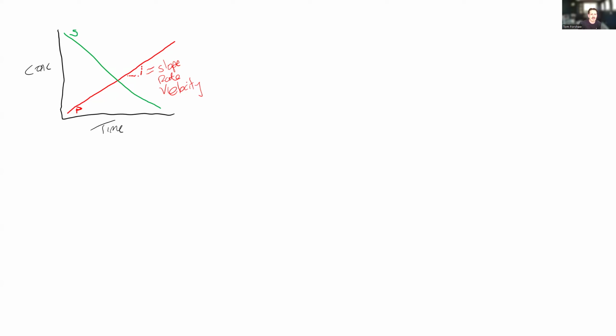And if we were to look at this rate, this change over time, if we were to plot how it might change at different concentrations of substrate, let's look at the product. Let's look at the increase in product made over time.